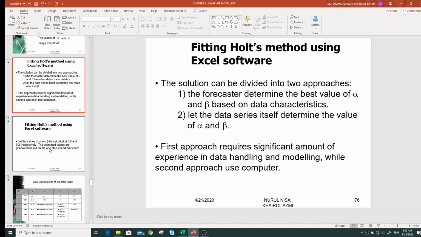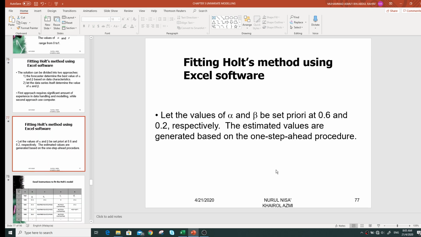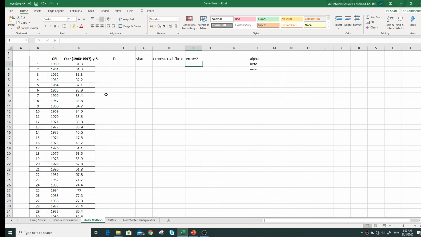Before we begin, let's say that we fit Holt's method using alpha equals 0.6 and beta equals 0.2. Let's take a look at our data set. We will use the same data set to estimate Holt's method. We will need St and Tt, and also y hat.